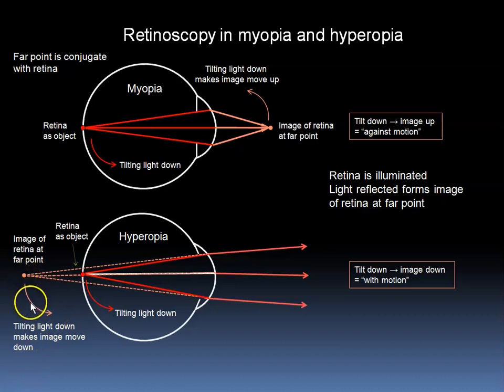This is a virtual image and appears to be moving in the same direction as the tilt. So tilt down causes the light band to be moving downwards, and this is perceived as with motion of the light versus the tilt of the retinoscope.